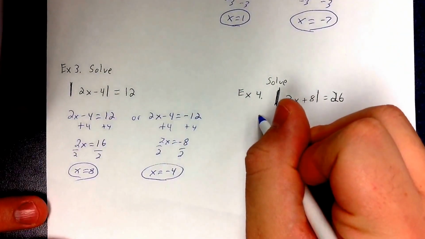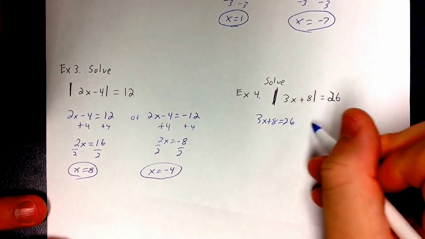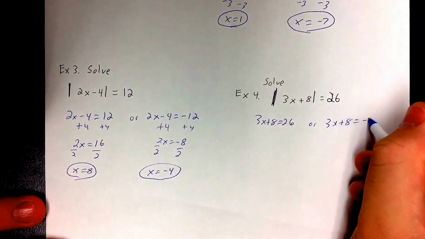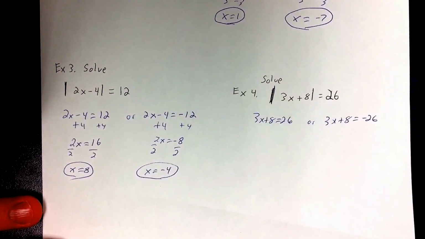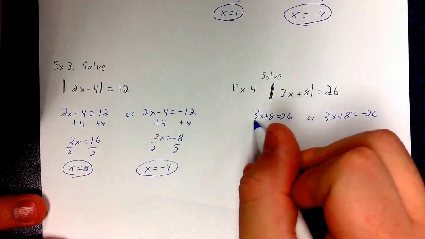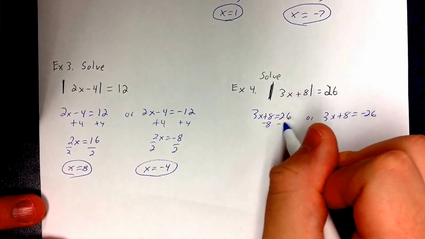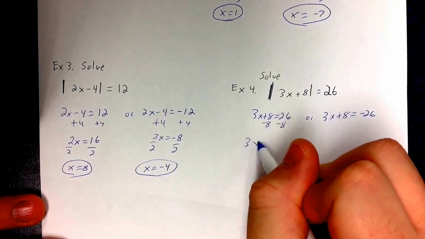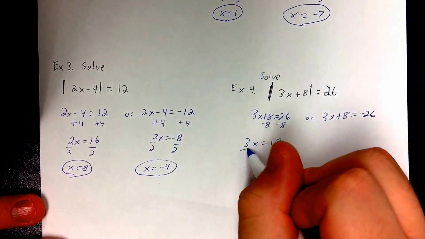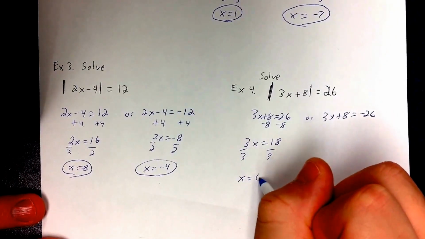Example 4, so I've got 3x plus 8 equal to 26, or 3x plus 8 equals -26. So again, variable's on the left-hand side, not by itself because of the 3 and the 8, so I subtract 8 first and get 3x equals 18, then divide by 3, and I get x equals 6.